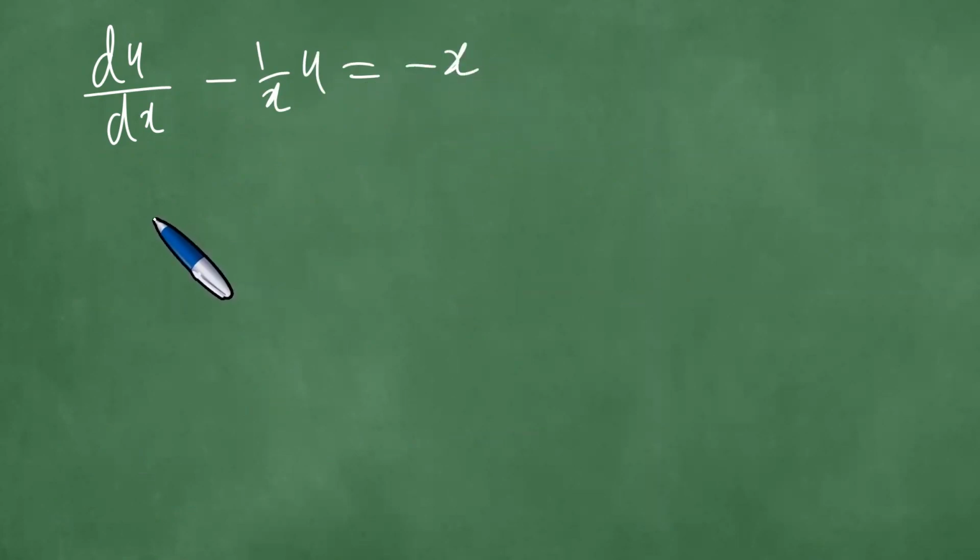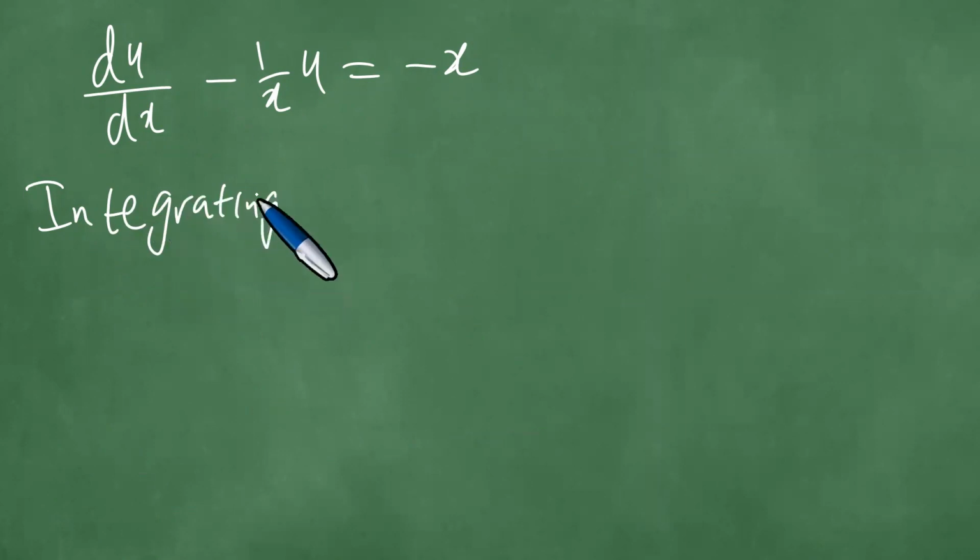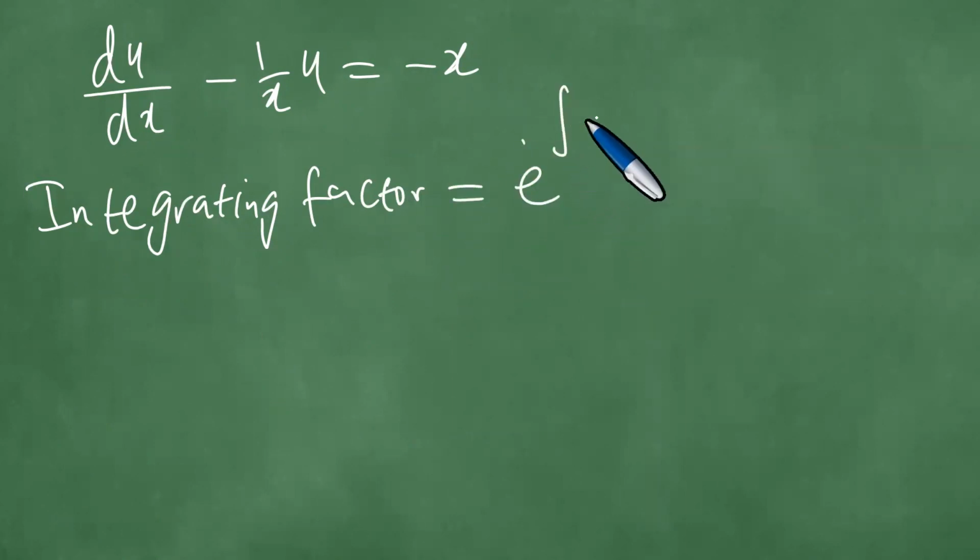And now we can find what we call the integrating factor. What is the integrating factor? It is clearly e to the power of the integral of the coefficient of u, which is minus 1 over x.